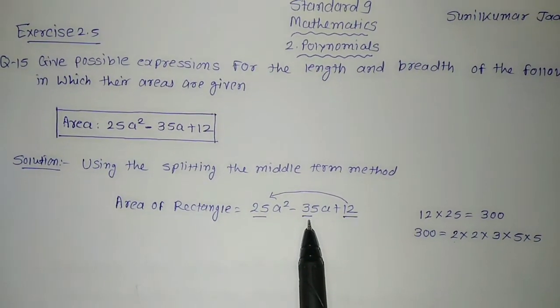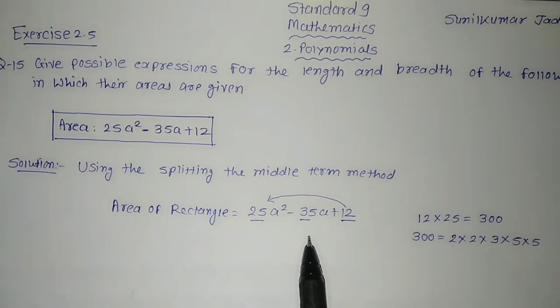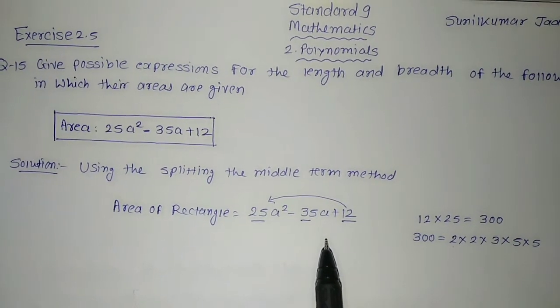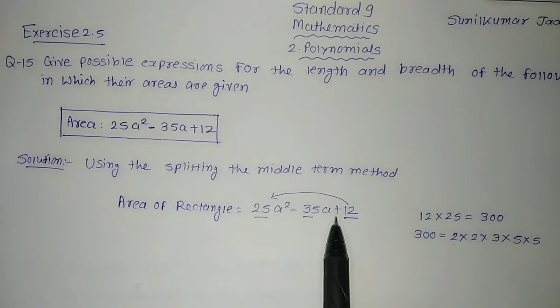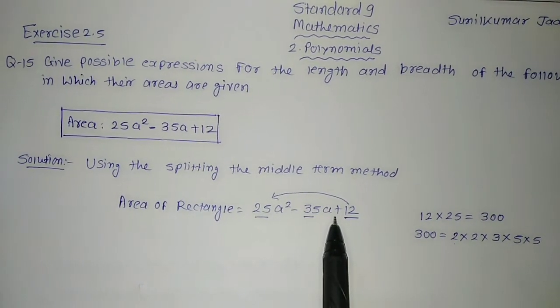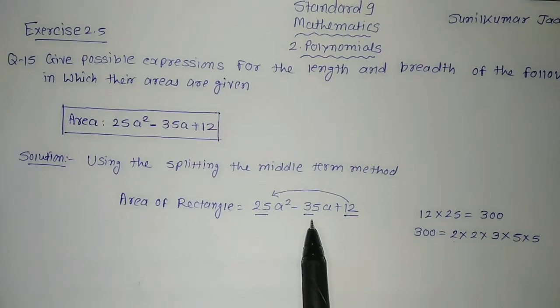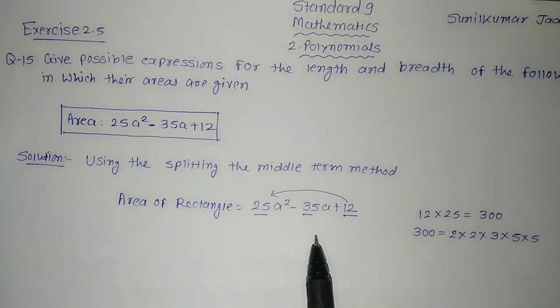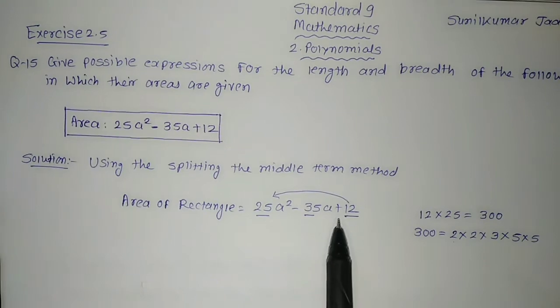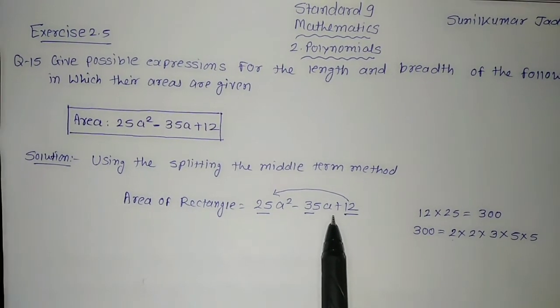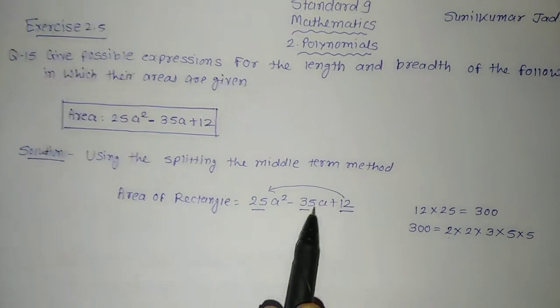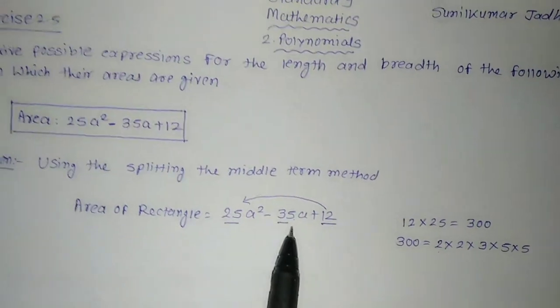So we need such two factors of 300 whose multiplication is 300, and it is addition, and we need to get minus 35. In addition, both the terms should have a common sign, and that would be the negative sign, then only we'll get minus 35.